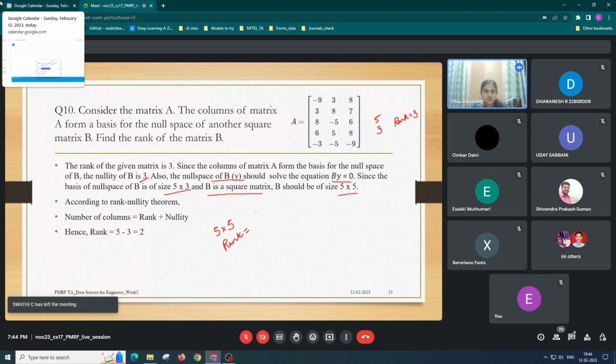The square matrix dimension is 5 and the nullity is 3 because it is formed from the A matrix. The rest will be the rank. If nullity is 3, there will be 3 linearly dependent rows or columns, so the rank of the matrix B will be 2.